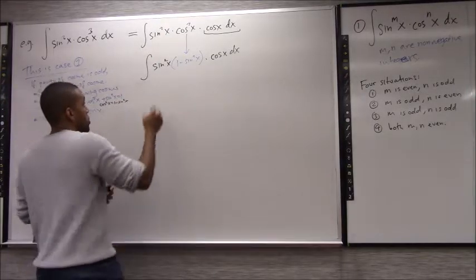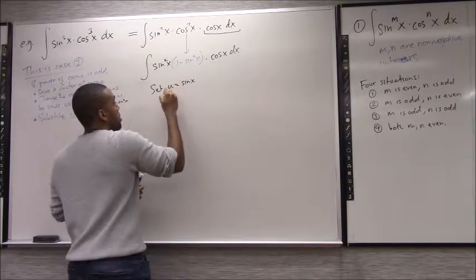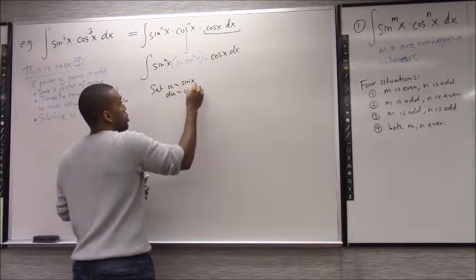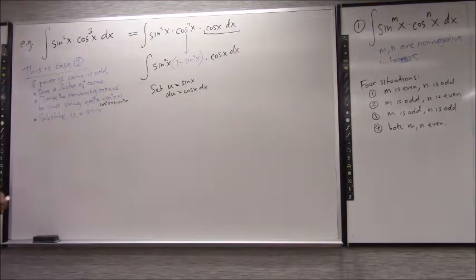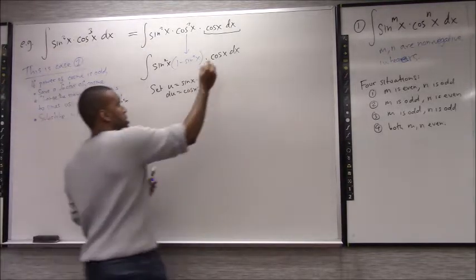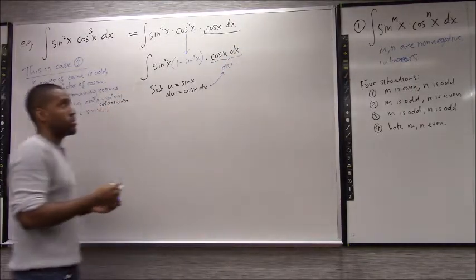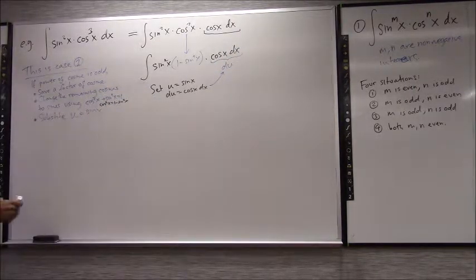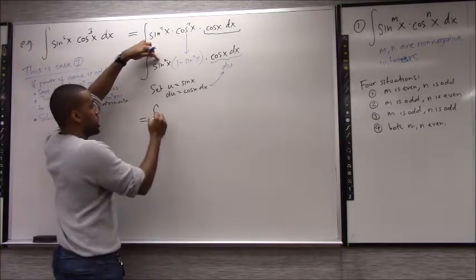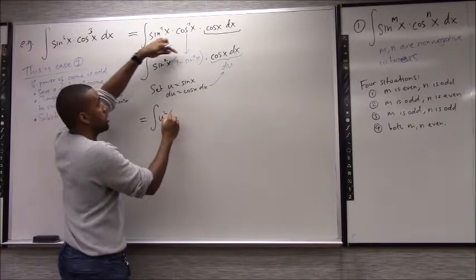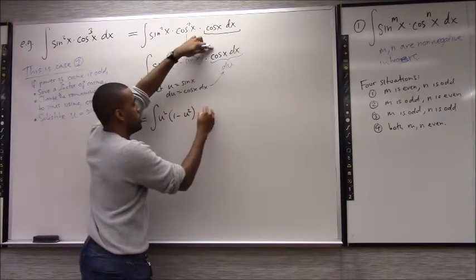And now I just do a substitution. Set u equals sine x. My du is going to be that cosine x dx. That's going to be the guy that I have saved right there. Right? So that guy here is my du. And so now the integral just becomes, my sine is u, so that becomes u squared times 1 minus u squared times du.